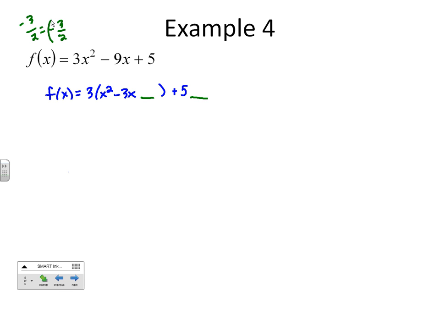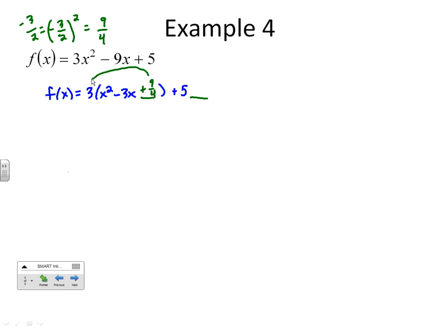And if I square that, squaring a negative makes it go away, and if I do 3/2 squared, that's squaring the top and the bottom, so that's 9/4. So I am adding 9/4 inside my parentheses.